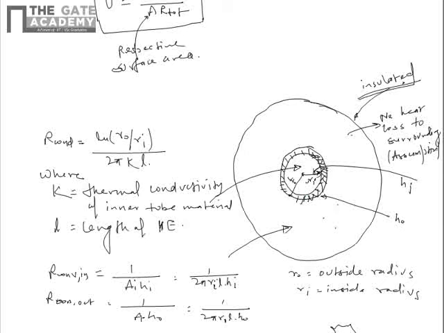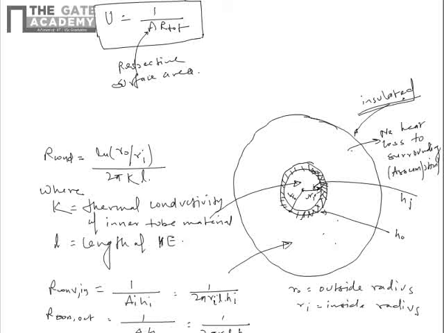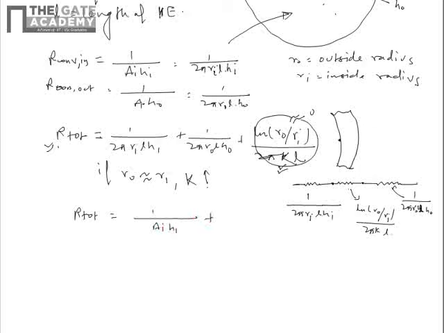So here K is very high, and if the thickness of this inner tube is very small, that is, if R naught is approximately equal to Ri, and for high heat transfer rate thermal conductivity has to be higher, then this term will go to 0, and we can write R total is equal to 1 upon Ai Hi plus 1 upon A naught H naught.